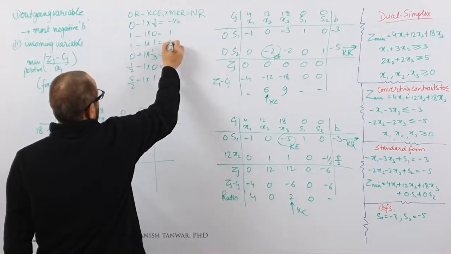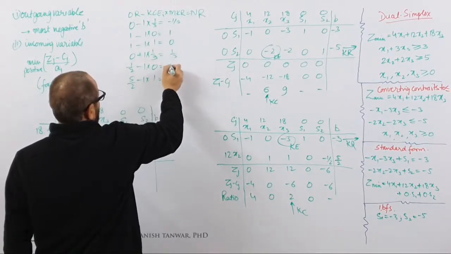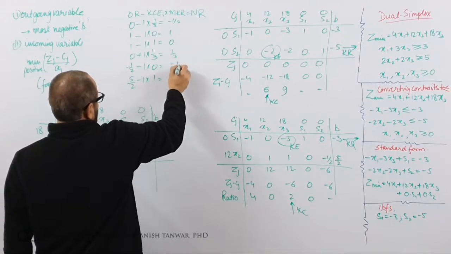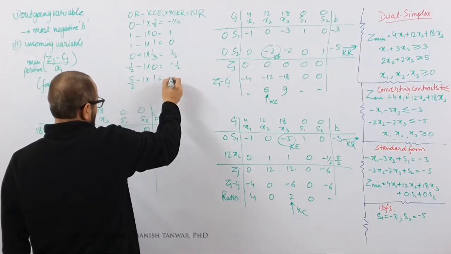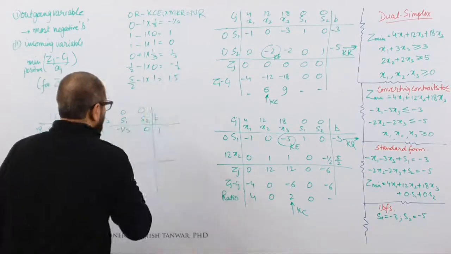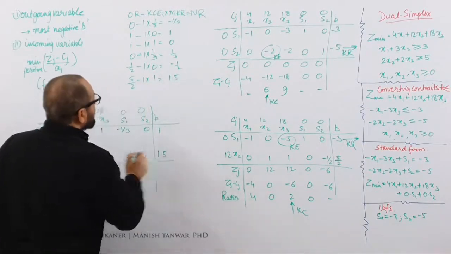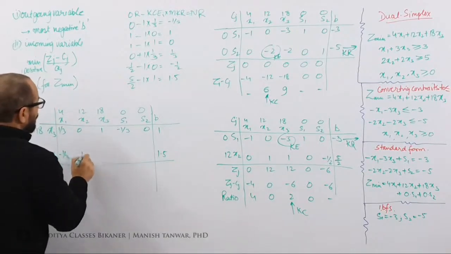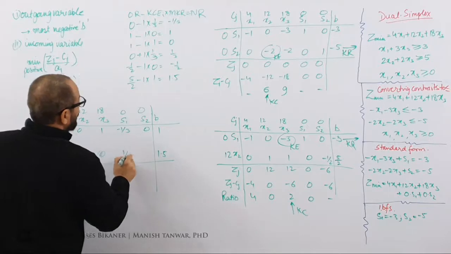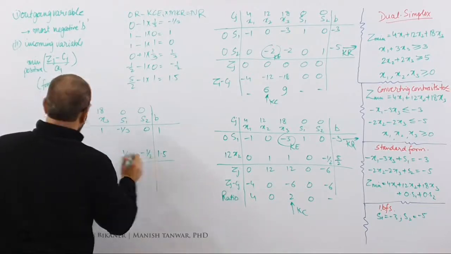This will be 1, 0, 1 by 3, -half, and 5 by 2 is 2.5 minus 1, 1.5. Remaining we have -1 by 3, 1, 0, 1 by 3 and -half.